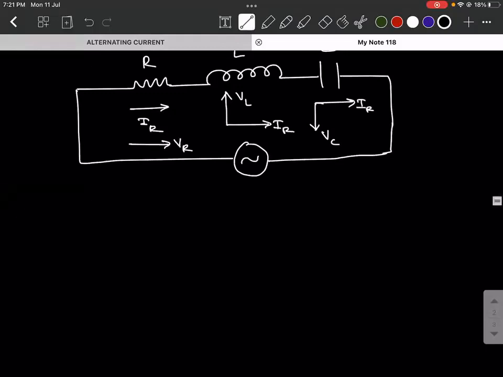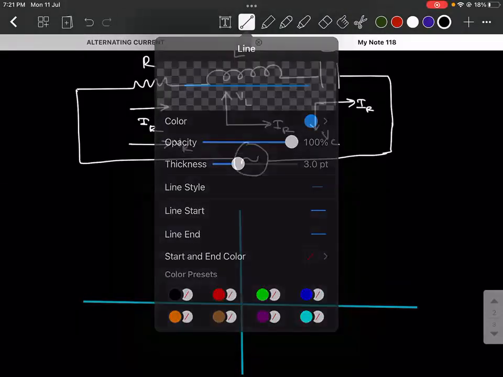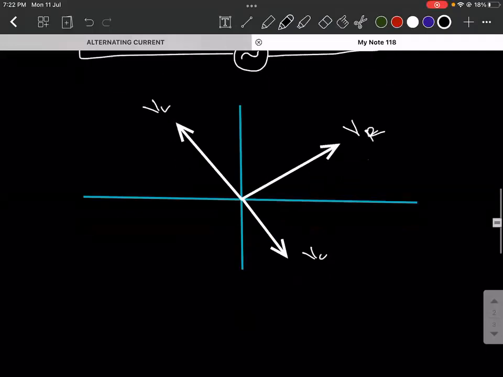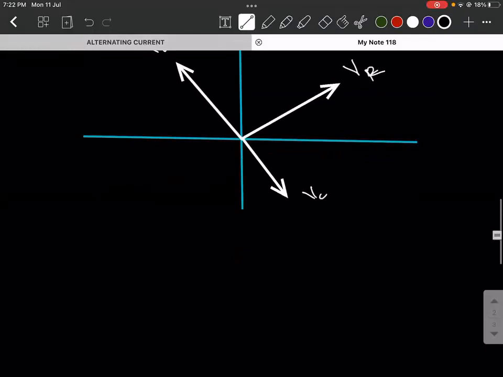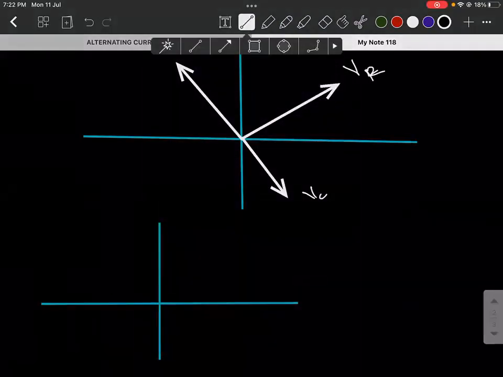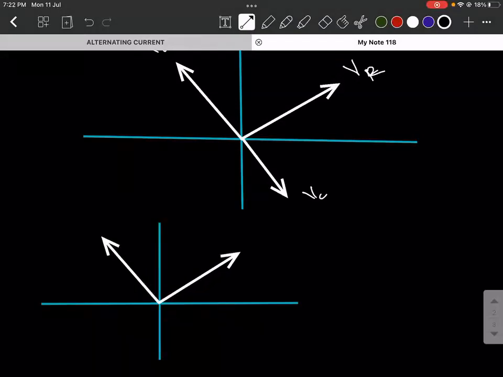So if I take everything and plot it like this, sorry, this is VR, this is VC. This is VR. This is VL minus VC.